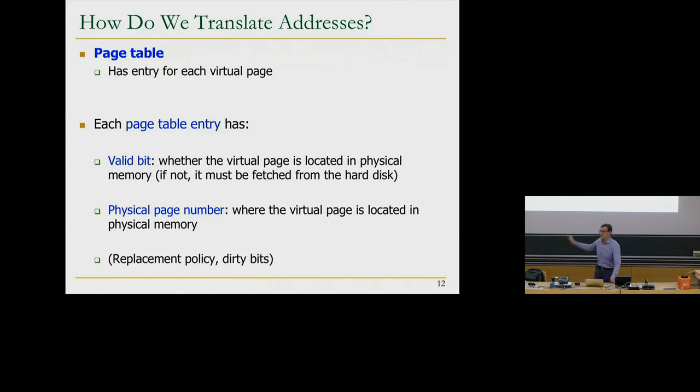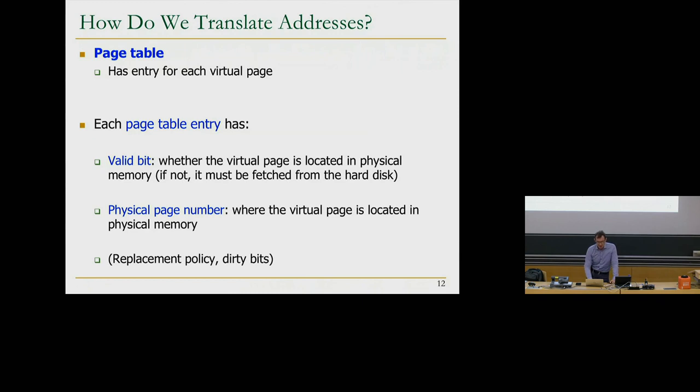And there are a bunch of other bits in the page table entry that you can see in the backup slides that we're not necessarily going to go into if we don't have time. For example, you need to have replacement policy bits to decide which entry you're going to replace, potentially, right? Which entry is referenced? We're going to talk about that a little bit.